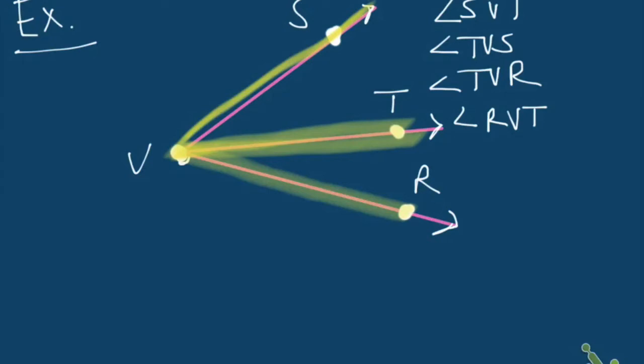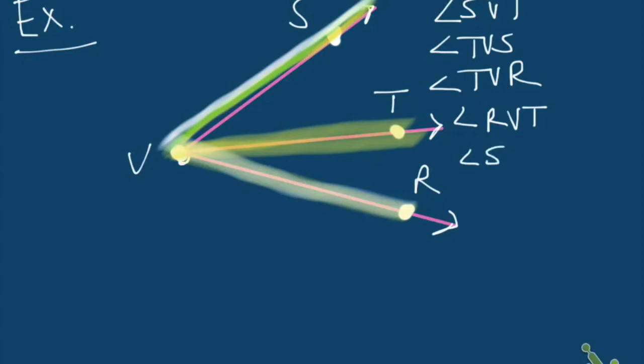Do we see another angle? How about angle SVR?